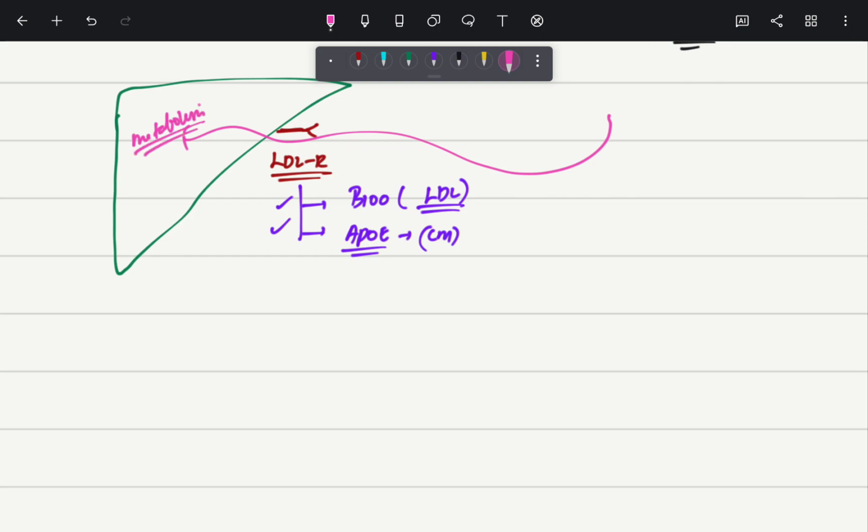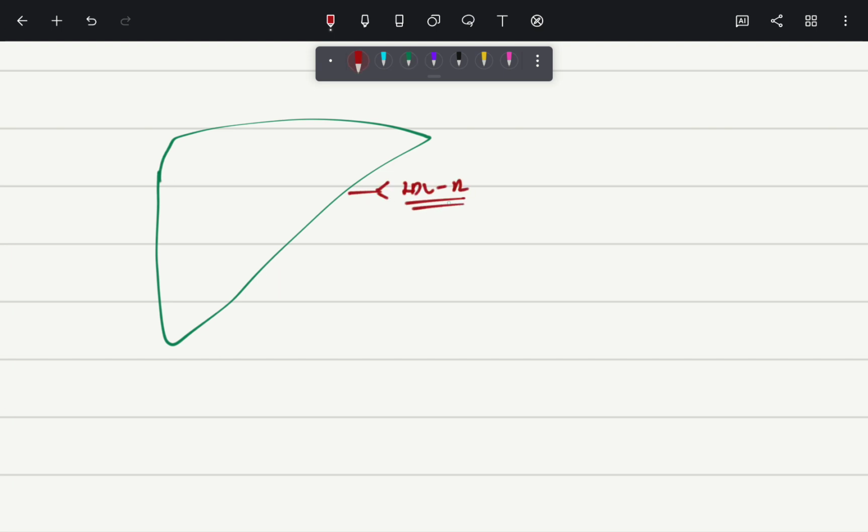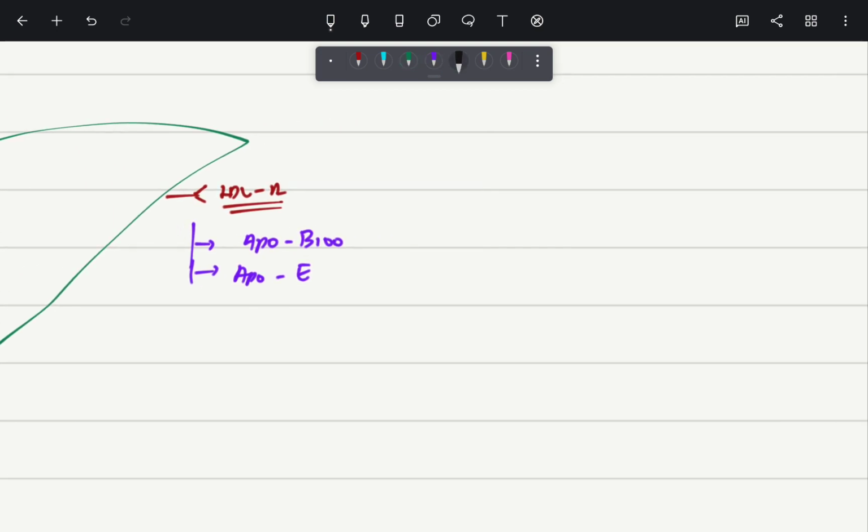Don't worry, I will just give you a small example here. So this was the liver, and this liver is going to have the LDL receptor, and it can recognize only two types of apoproteins, your apoprotein B100 and the other one, your apoprotein E. As I already told you, low density lipoprotein is rich in cholesterol, so this is the cholesterol present in it. Let's draw this with a different color.